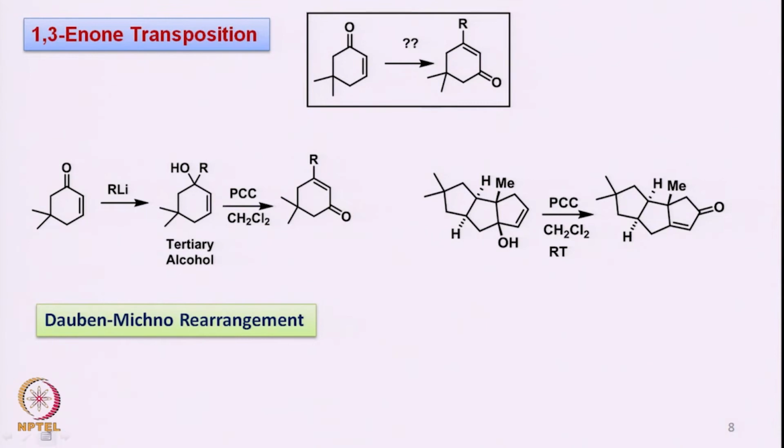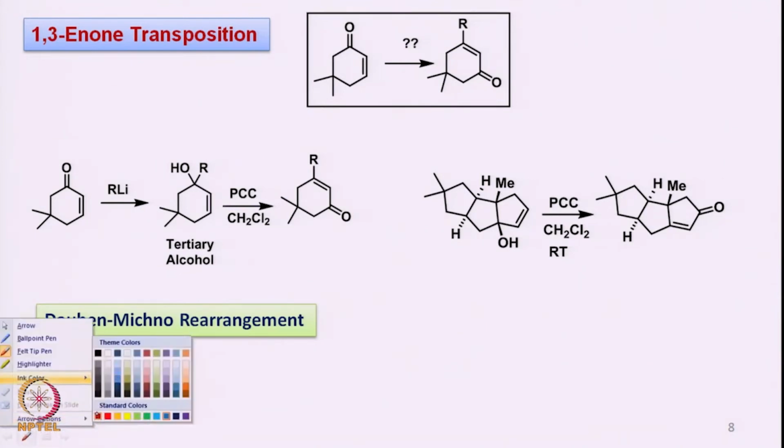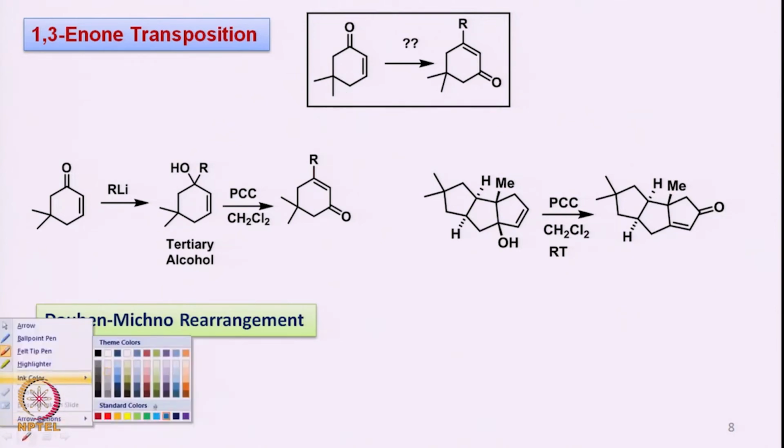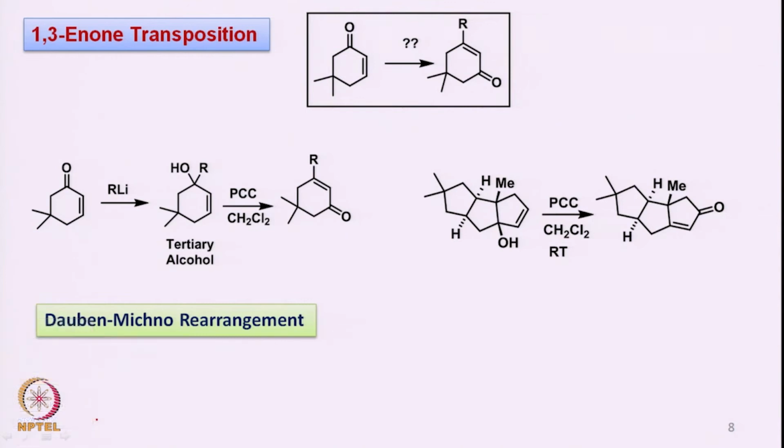Now there is an interesting reaction which is also required many a time: how are you going to convert an enone of this type to another enone? This is a 1,3 enone transposition.